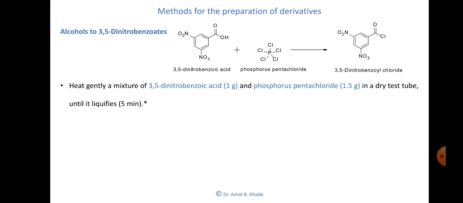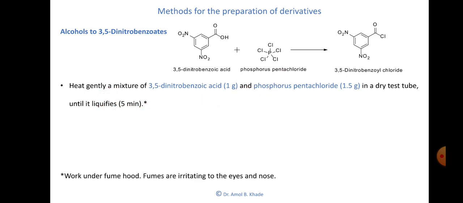The 3,5-dinitrobenzoic acid is heated with phosphorus pentachloride. There are 5 chlorine atoms connected to the phosphorus, so it is referred to as phosphorus pentachloride. So 1 gram of 3,5-dinitrobenzoic acid and 1.5 gram of phosphorus pentachloride you have to heat gently in a dry test tube until it liquefies. It will take approximately 5 minutes to react, and then it will undergo liquefaction.